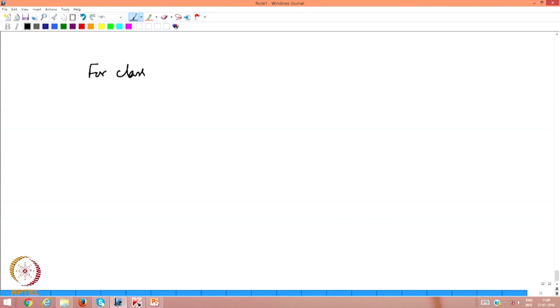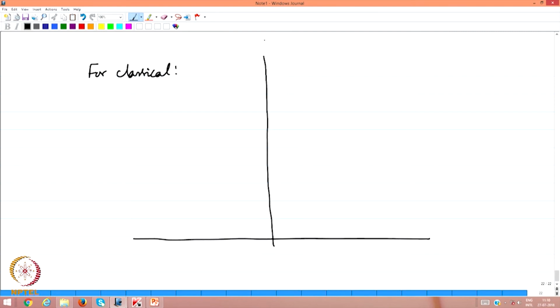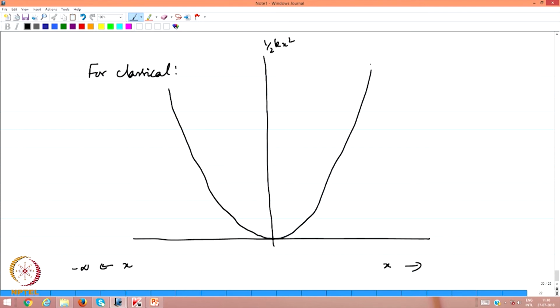For a classical oscillator, the potential energy as a parabola is something that you have to remember. This is V of x equals half k x squared, with x positive and x to the negative, minus infinity, and the parabolic curve is something like that. It is symmetrical.